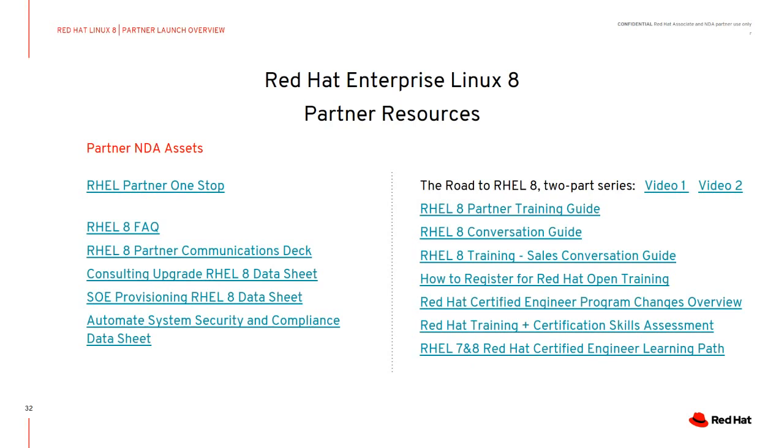What trainings do you need to start with? What learning paths are available from RHEL 7 to RHEL 8, and communication tech, everything which is available on partner resources. So you can go to the partner content hub.